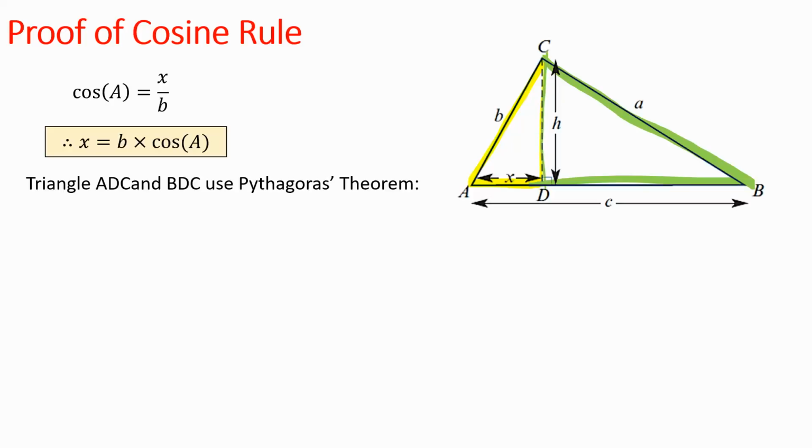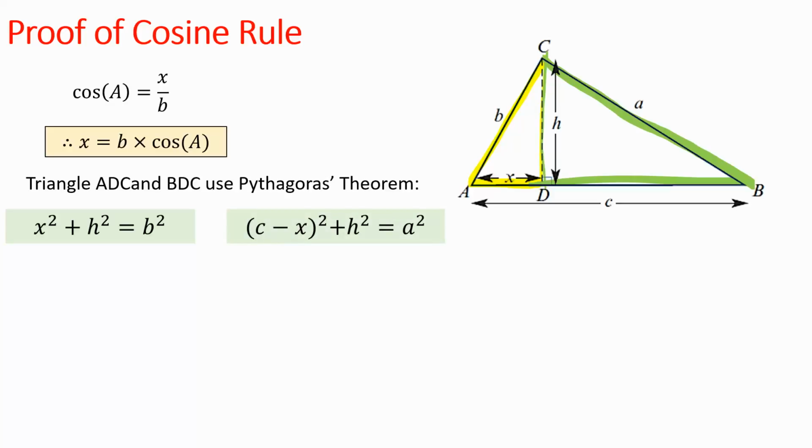If you use Pythagoras' theorem for the first one, x squared plus h squared should equal the hypotenuse squared. So I write that down: x squared plus h squared equals b squared. Same thing with this one: c squared plus h squared equals a squared. So I write that down too.